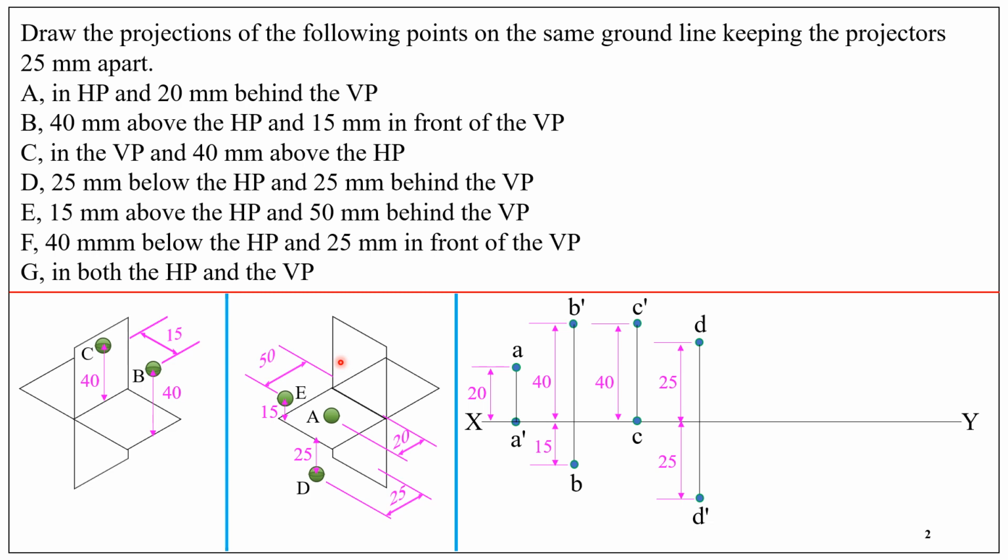Mark front view first, so mark E dash, and to draw the top view, draw the projector, mark point E, both above XY line because the object is in the second quadrant. The distance between the front view E dash and the XY line is equal to 15. The distance between the XY line and point E, that is the top view, is equal to 50, this distance.